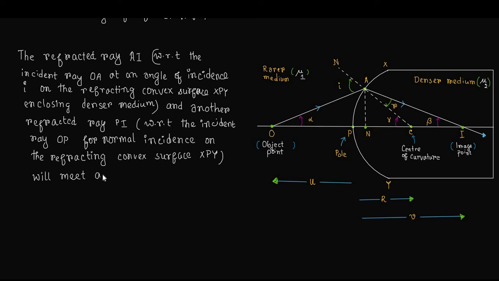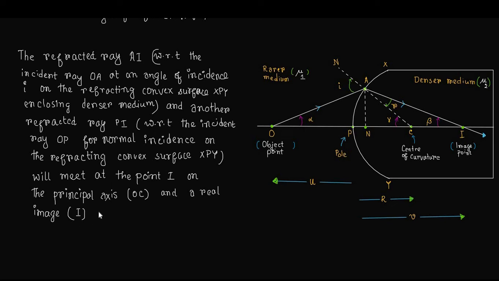The refracted ray AI and another refracted ray PI will meet at the point I on the principal axis OC of the refracting surface, and a real image I is formed on the principal axis.